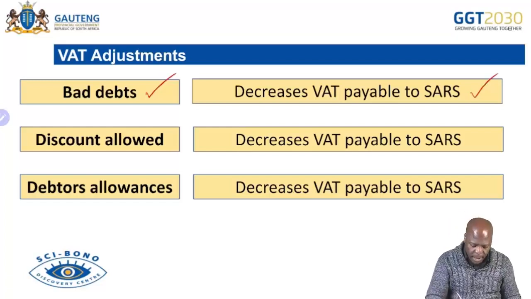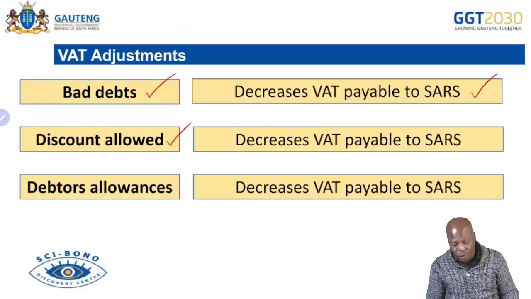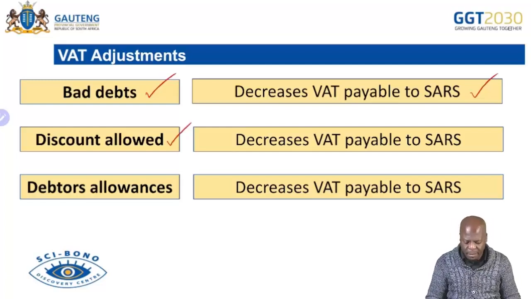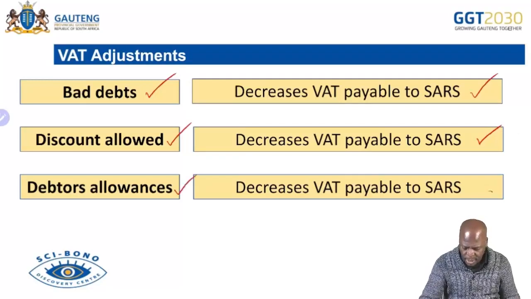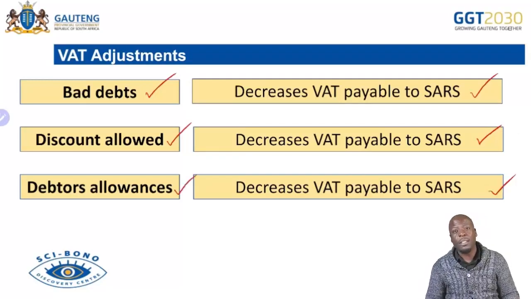All right? And then discount allowed as well will lead to a decrease in the VAT payable to SARS, as well as debtors allowances. This will also lead to a decrease in the VAT that is payable over to SARS.